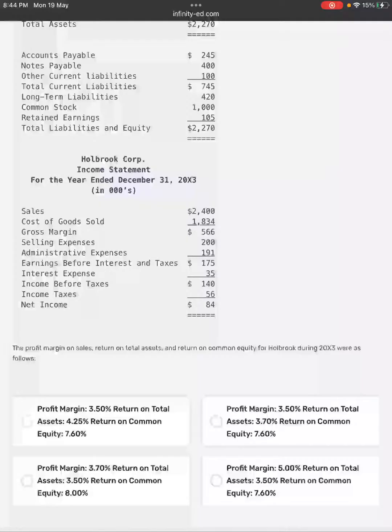Okay, first we have to use one trick here. How can we choose the answer as fast as possible? In this case, there are three questions to calculate.